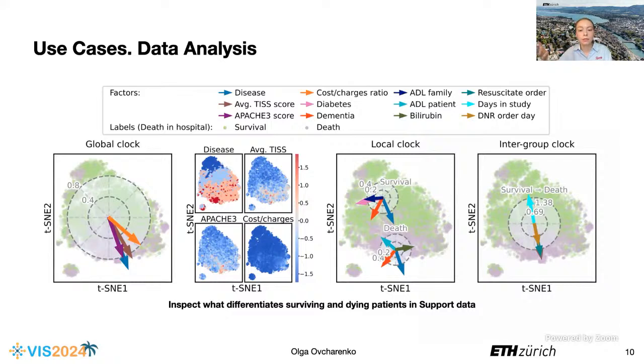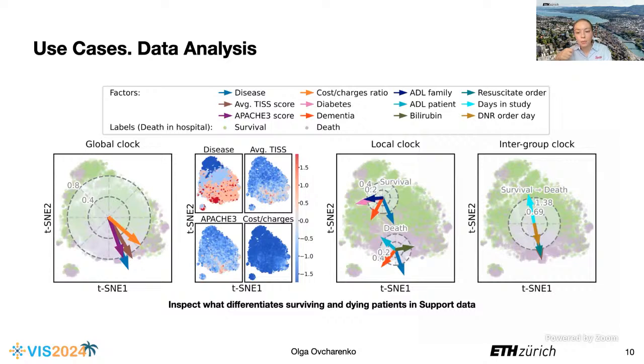There are 46 features in this dataset in total describing each patient, and the feature clock allows visualization of the top K most significant features. For the SUPPORT dataset, we visualize the top 4 most significant features for each clock. The global clock shows that disease class, the blue arrow, cost charges ratio, the orange arrow, average t-score, the brown arrow, and Apache 3 score, the purple arrow, differentiate the outcome of critically ill patients.